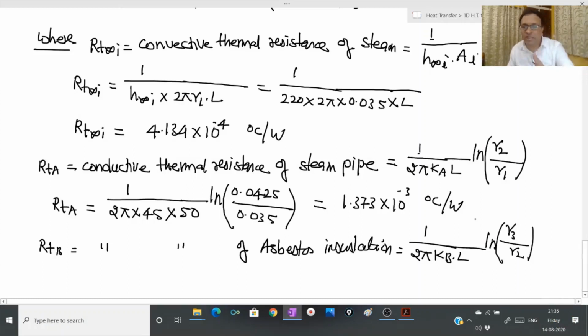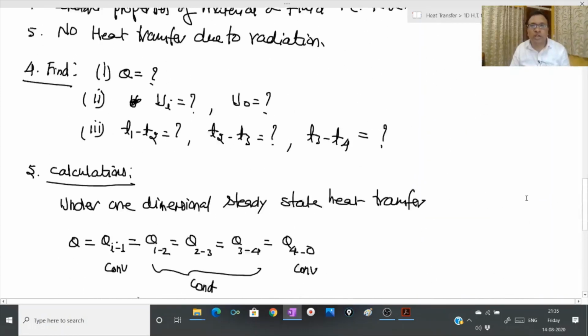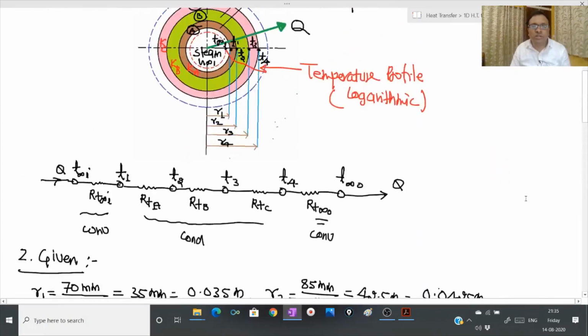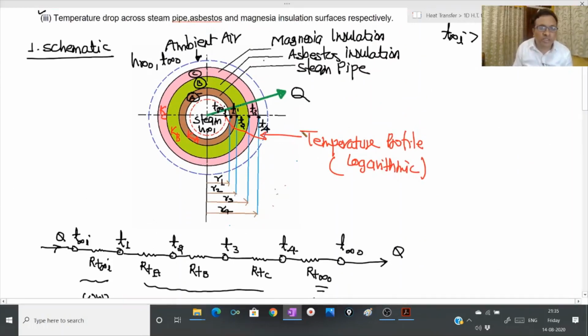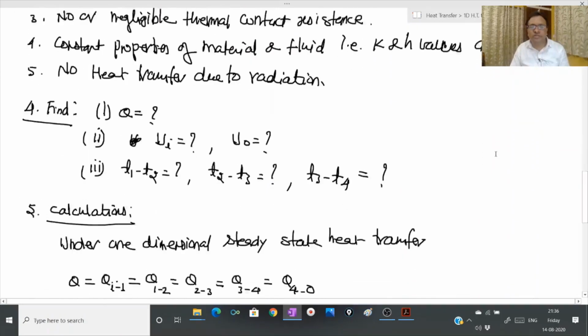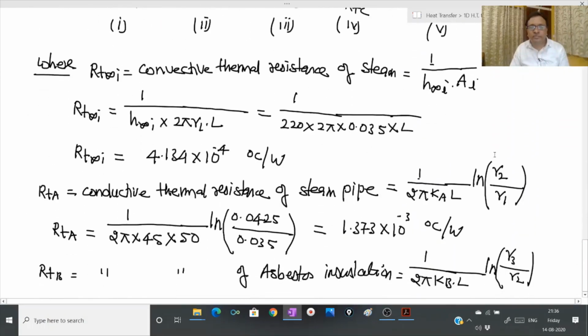See how I am taking this R3 over R2. If I am talking about the thermal resistance of this asbestos insulation, R3 is its outer radius and R2 is its inner radius. So that radius comes into the picture.